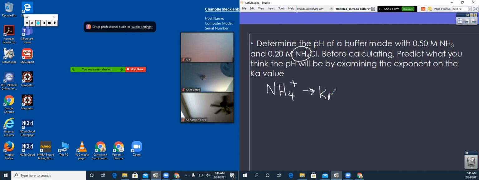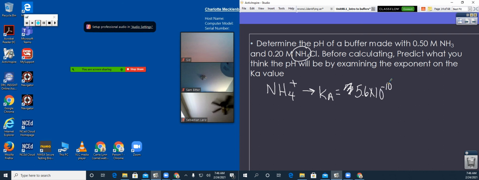Okay, so the Ka of this ammonium ion is 7.2 times 10 to the negative 4. Oh, wait, I'm on the wrong one. Hold on, let me switch. I didn't switch my page. Excuse me. It is 5.6 times 10 to the negative 10th. I'm reading the old one. 5.6 times 10 to the negative 10th is the Ka value.